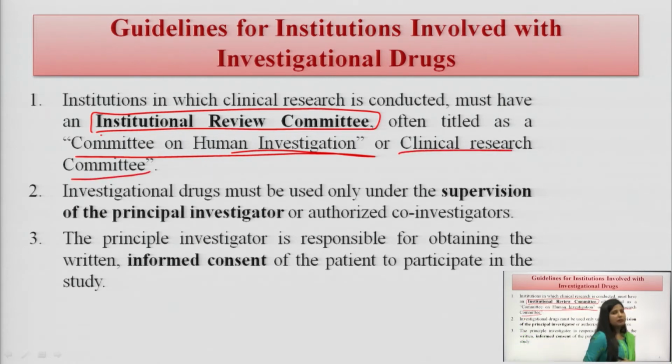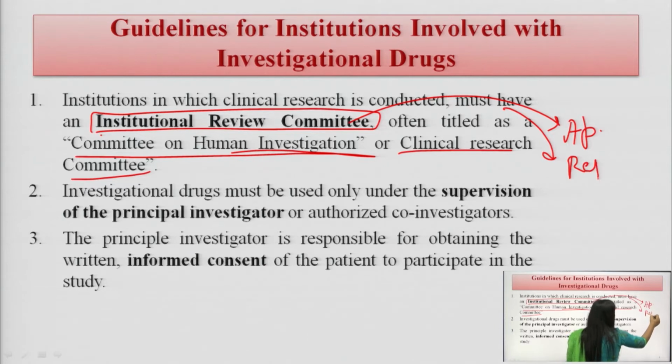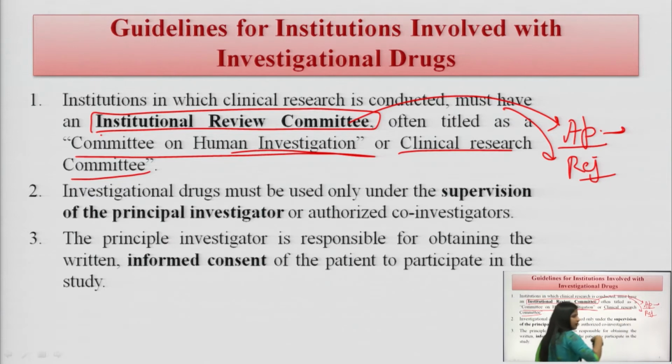These committees review the research proposals, and a meeting is conducted by the committee for reviewing them. On the basis of legal aspects and the feasibility of the study, this committee will either approve or reject the study. If it is approved, of course, the trial will be undertaken with this institution. If it is rejected, the study will not be performed further.